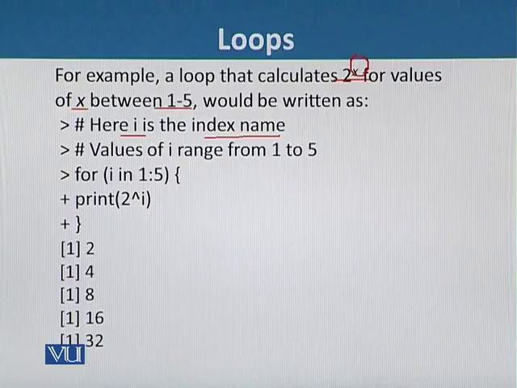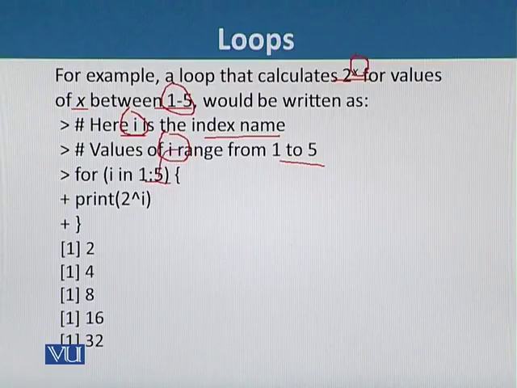The value of I ranges from 1 to 5, so: for I in 1 to 5, then the curly bracket starts here. This is the start of the for loop. Then print 2 raised to power I, and then the curly bracket ends.